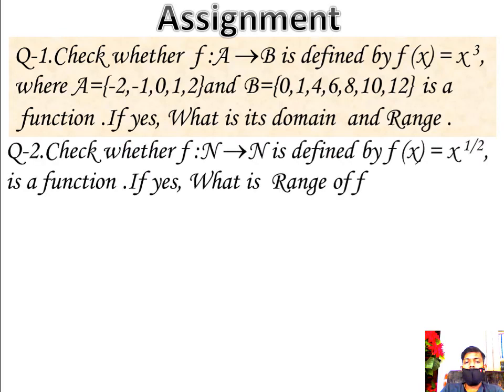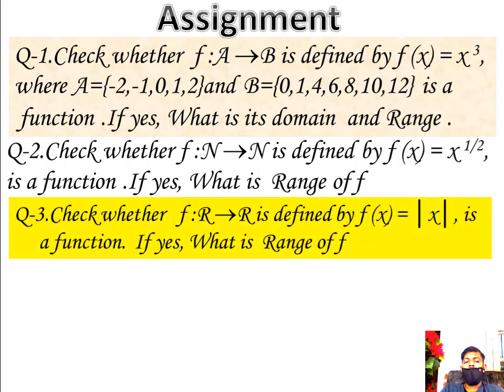Question number 2: check whether the function f from N to N defined by f of x equal to x raised to 1 by 2, that is the square root of x, is a function. If yes, what is the range of f? And one more question: check whether f from R to R defined by f of x equal to mod x is a function. If yes, what is the range of f?